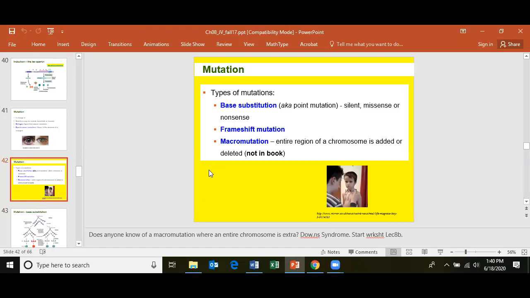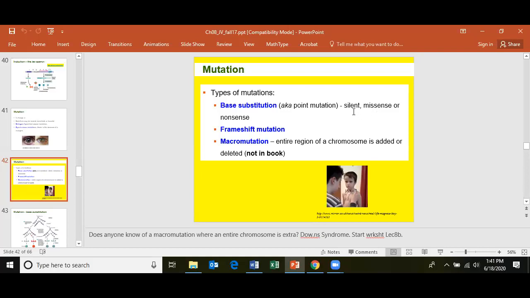You can have a silent mutation, a missense mutation, and a nonsense mutation. A nonsense mutation codes for a stop codon. A missense is where you change the nucleotide base and it codes for another codon, meaning another amino acid.